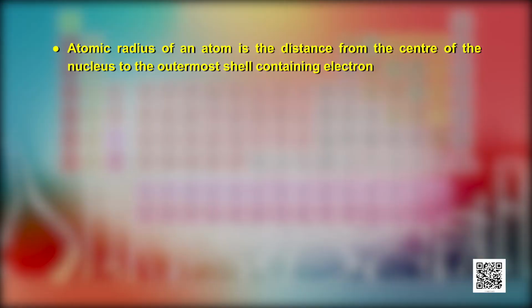Students, so now we can visualize that elements which lie on left side of the periodic table have high tendency to lose electrons. Students, from the discussion till now, we conclude that atomic radius of an atom is the distance from the center of the nucleus to the outermost shell containing electron.